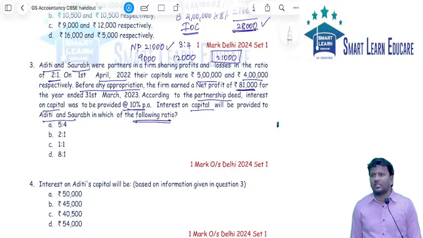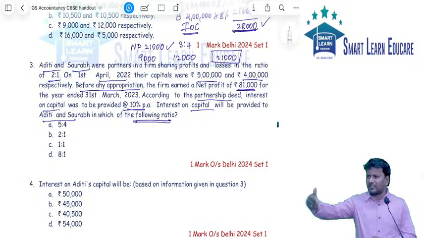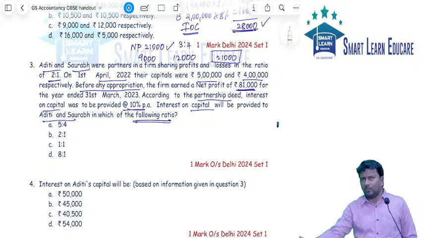Everyone should try answering. You should tell your answers in chat. Either you take printout or you keep this PDF file in some system or mobile phone. Okay, do the problem, work out the problem and tell the answers. Simply copy பண்ணீங்கன்னா work out ஆகாது. It is waste of time. So please do work out and tell the answers.